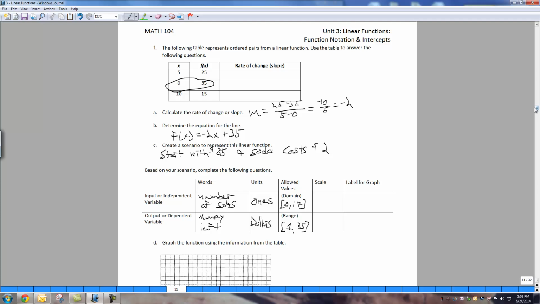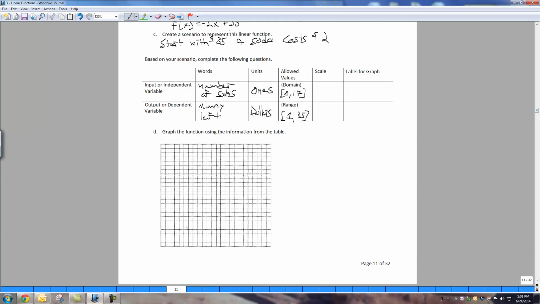So as I come down and graph it, if I let this represent x and this represent f of x, I would start off with 2, 4, let's call this per $5. So every line represents $5. So 5, 10, 15, 20, 25, 30. There's 35.